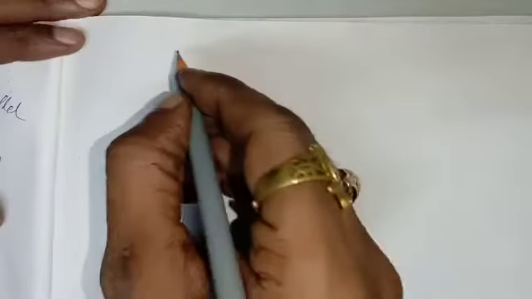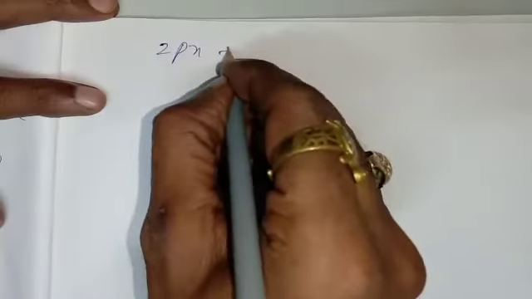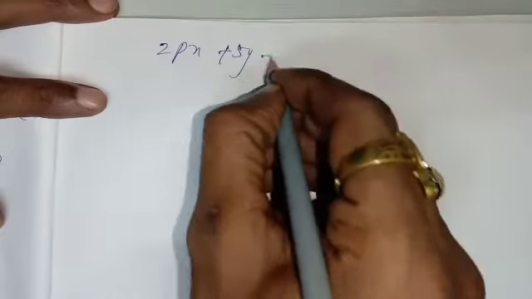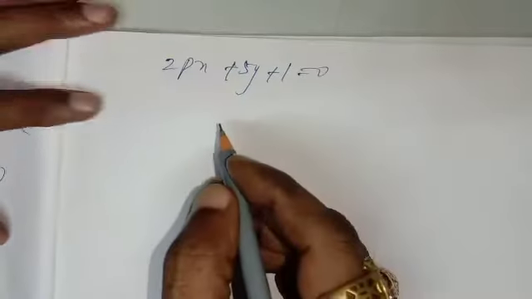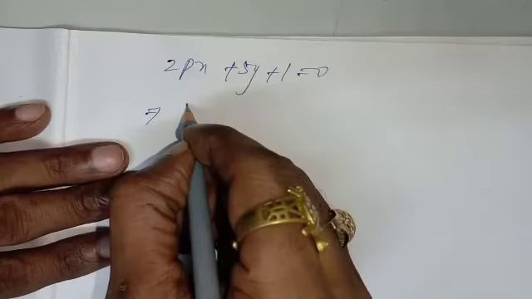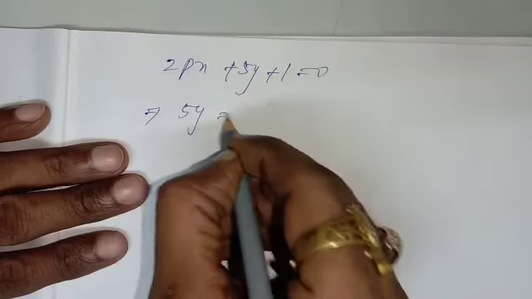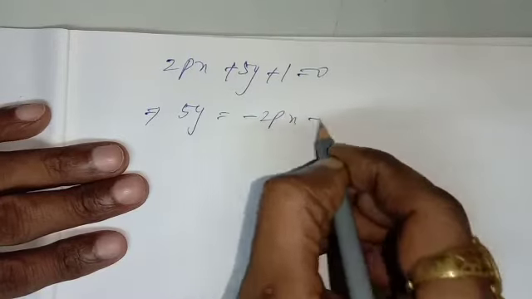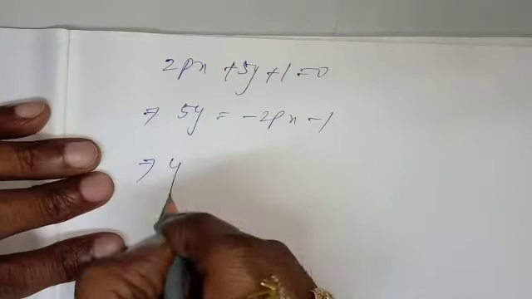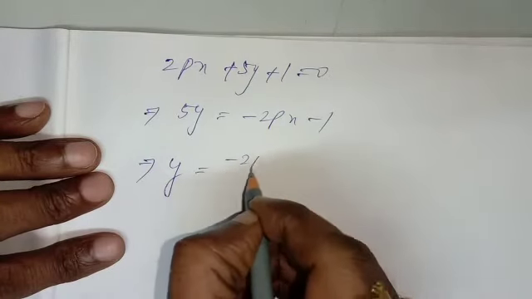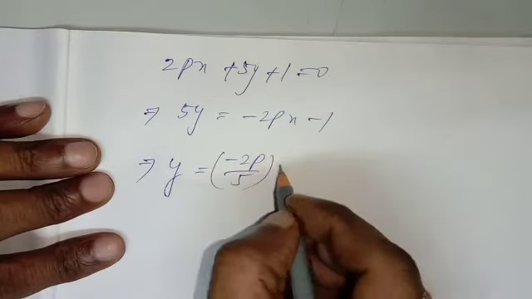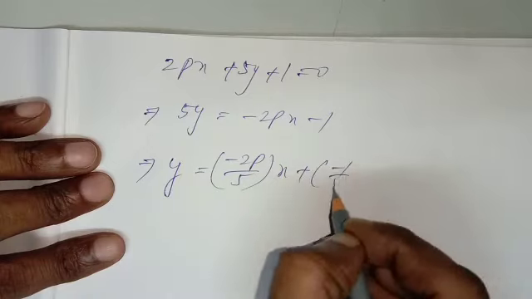The slope of the second line: 2px plus 5y plus 1 is equal to 0, this is the equation of the line given. You have to write 5y is equal to minus 2px minus 1, dividing, y is equal to minus 2p by 5 into x plus minus 1 by 5.